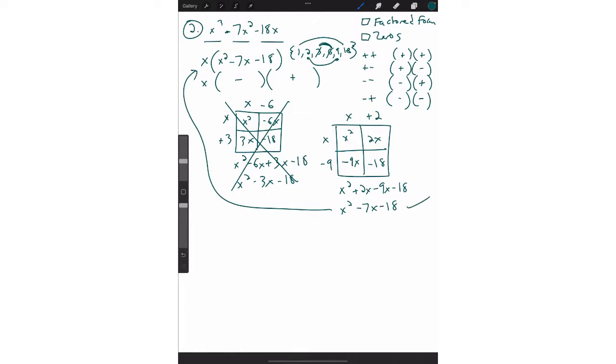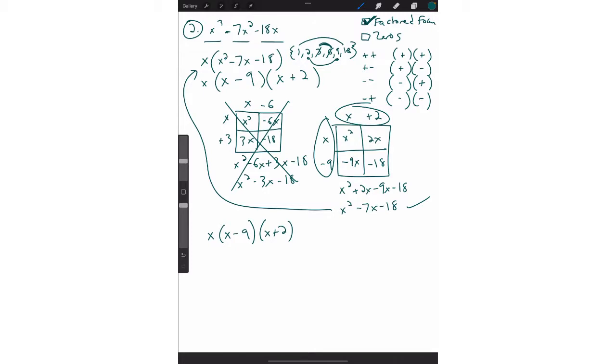So now that I have that, I'm going to write in my x minus 9, which is what I got right here, and then my x plus 2, which is what I figured out right there. I'll rewrite it here at the bottom. And we've written this in factored form. I'll go ahead and check this off at the top of the screen.